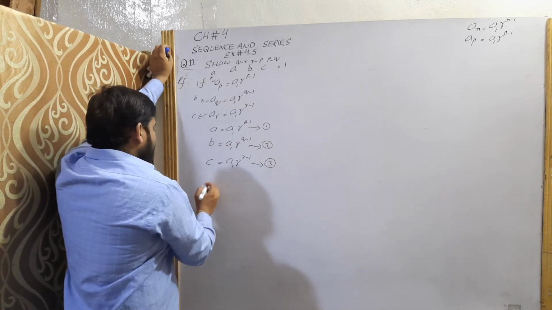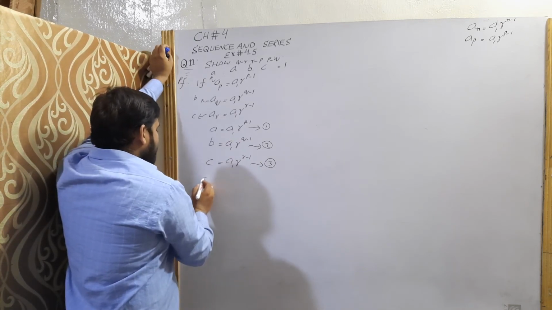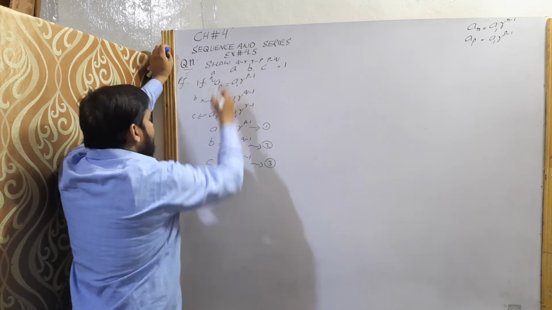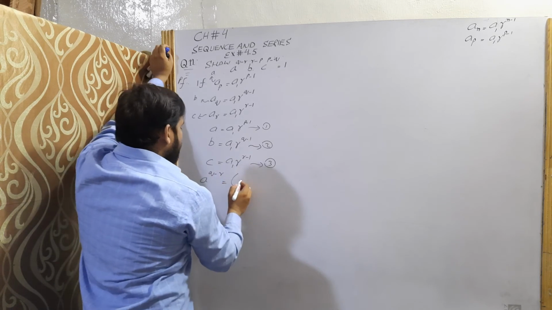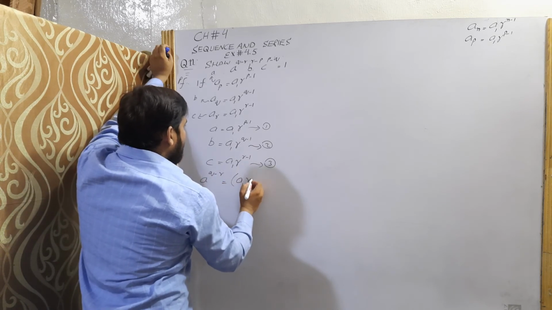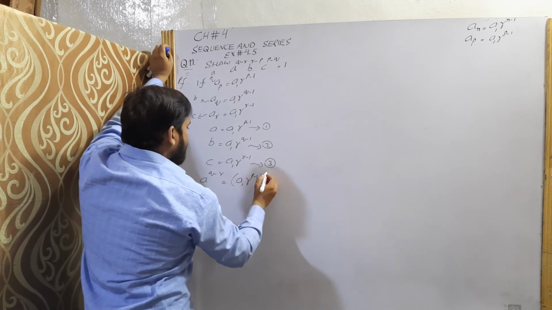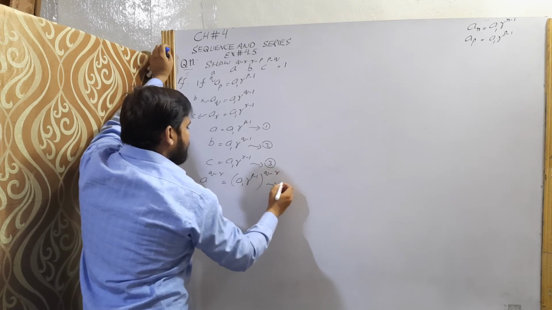Simply this can be written as a with power q minus r, and this is a1 r p minus 1 whole power q minus r, say this is equation number 4.